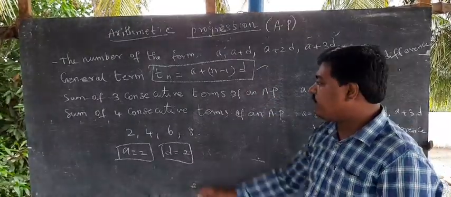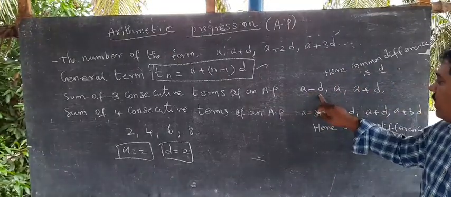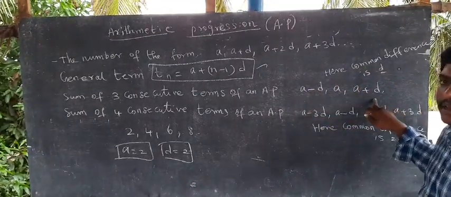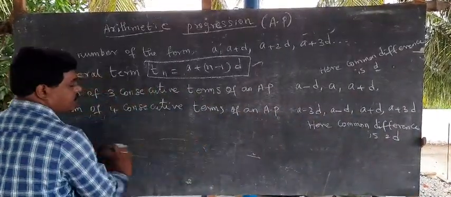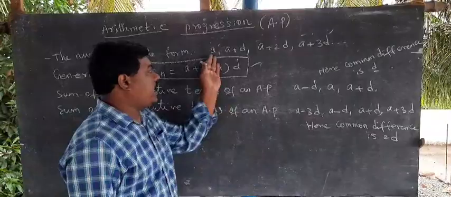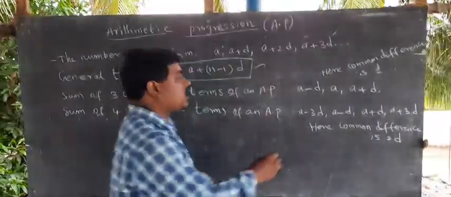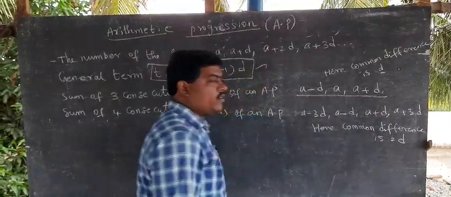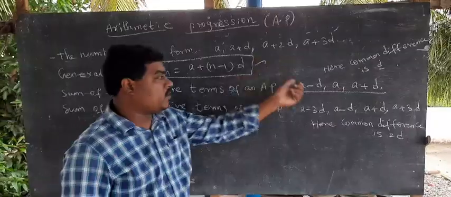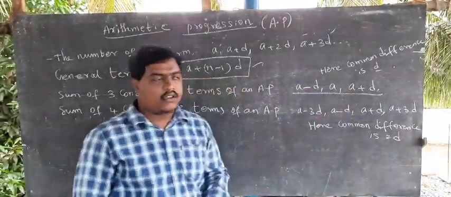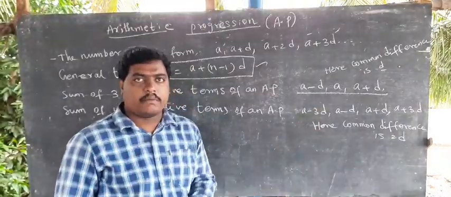Then the sum of 3 consecutive terms of an AP is given as A minus D, A, A plus D. They are balancing. Listen. Taking A plus D, A plus 2D, A plus 3D is also the same thing, but the sum would take a long time to complete.